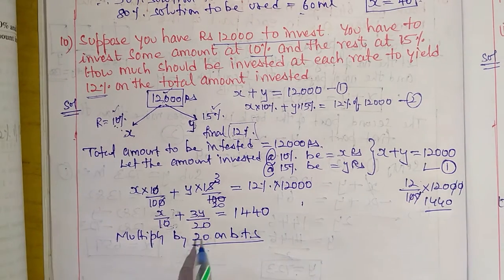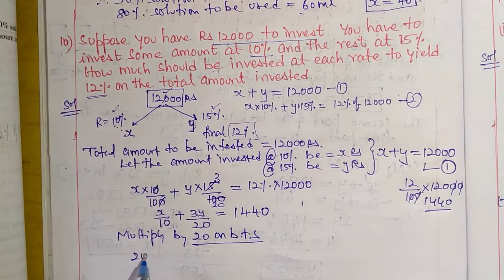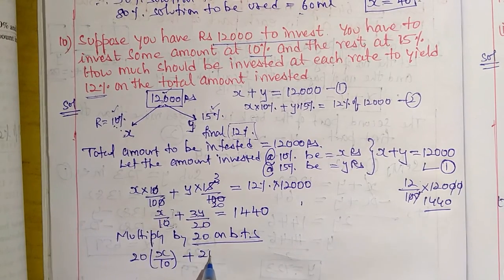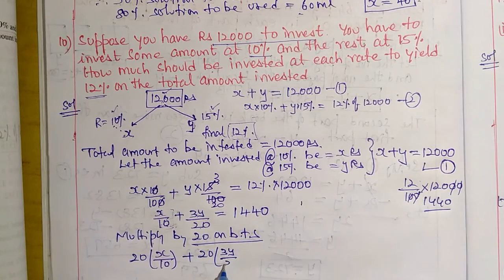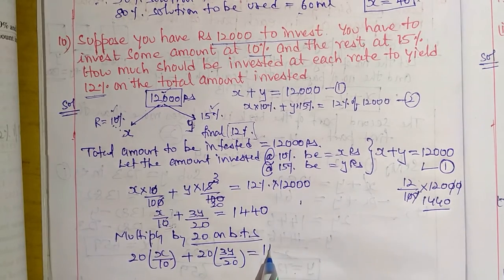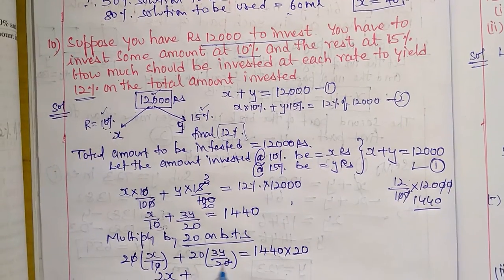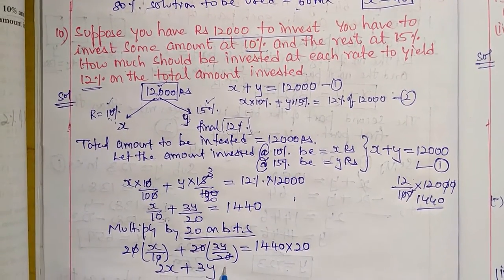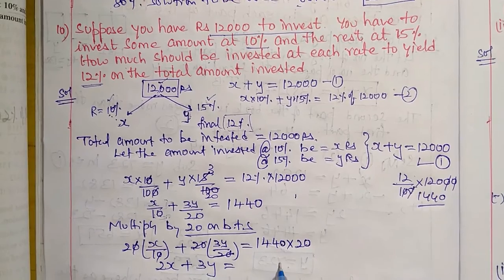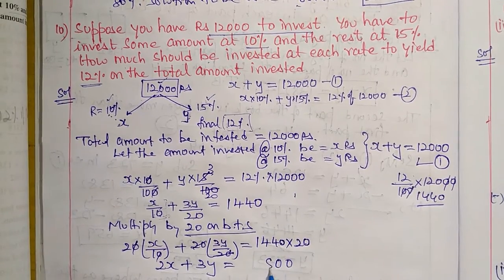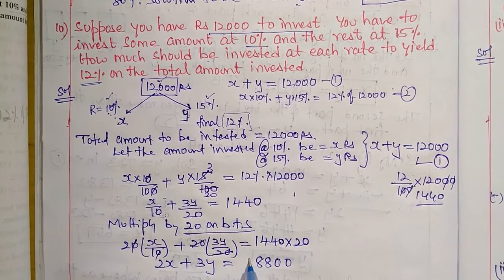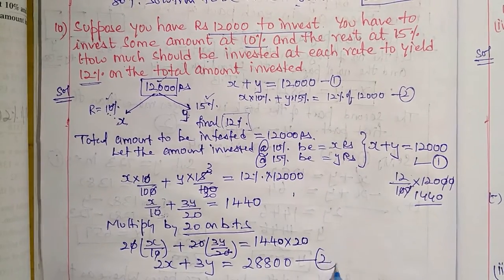When I multiply by 20 on both sides, it is 20 into x by 10 plus 20 into 3y by 20 is equal to 1440 into 20. So I will get 2x plus 3y is equal to 28,800. This is my equation 2.